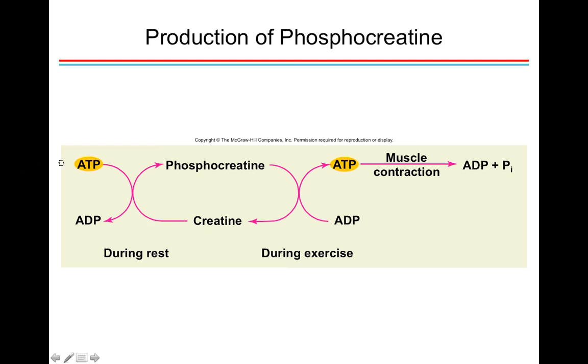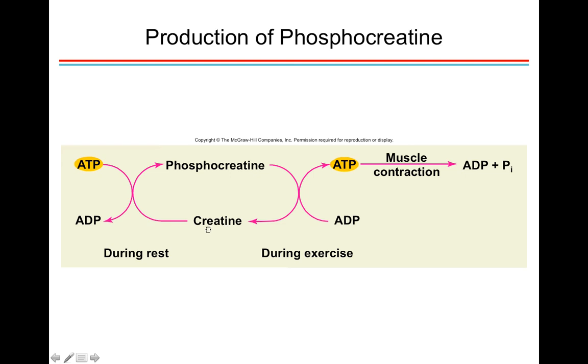So here we have at rest, we had a meal, we have a lot of ATP from our metabolism, especially from oxidative phosphorylation. ATP can be giving one of its phosphates to creatine. That would convert ATP to ADP.